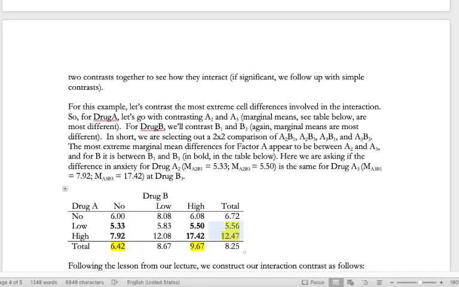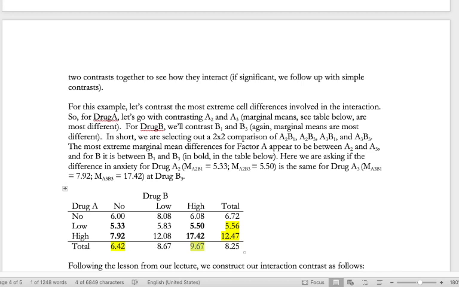For drug A, it's going to be low and high. For drug B, the lowest value is 6.4 and the highest is 9.67. So we're going to compare no and high.